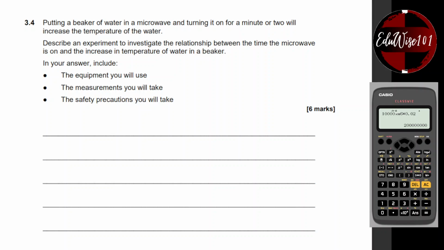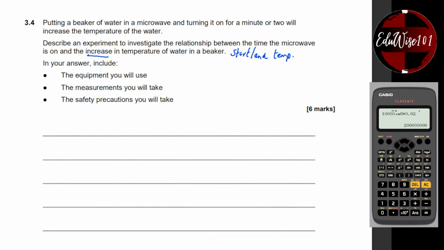3.4. Putting a beaker of water in a microwave and turning it on for a minute or two will increase the temperature of the water. Describe an experiment to investigate the relationship between the time the microwave is on and the increase in temperature of water in a beaker. Now, if you want to know the increase, you need to know the start and end temperature.